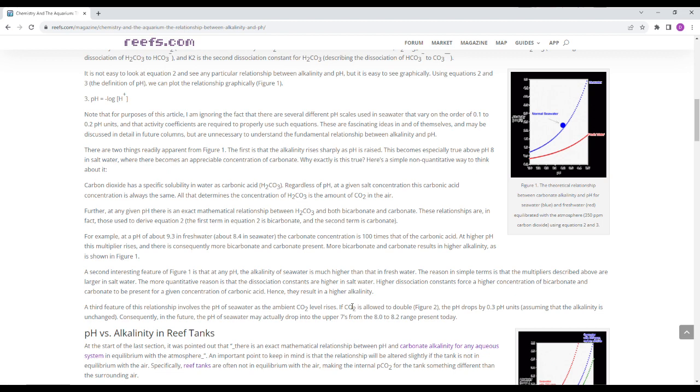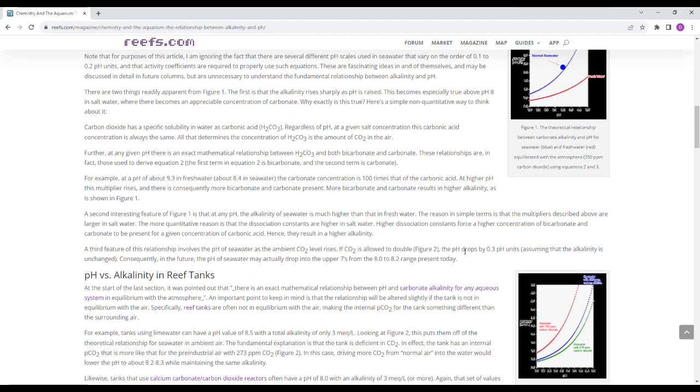If CO2 is allowed to double, the pH drops by 0.3 pH units, assuming that the alkalinity is unchanged. Consequently, in the future, the pH of seawater may actually drop into the upper sevens from the 8.0 to 8.2 range present today.